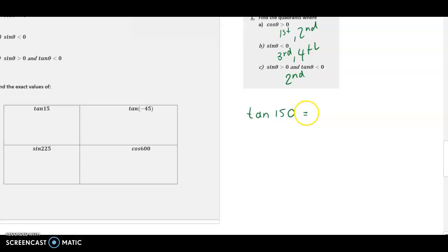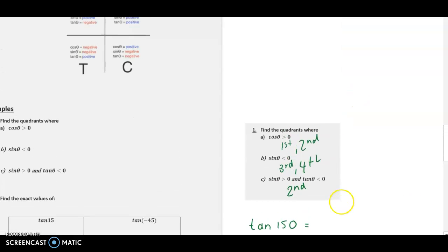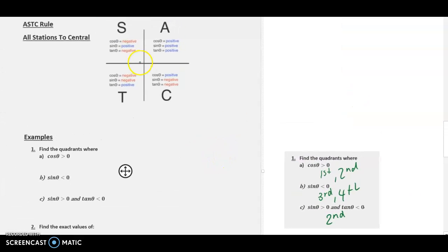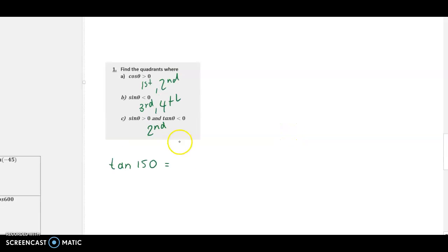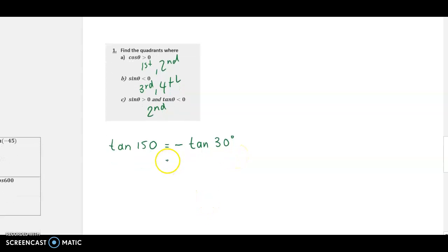So tan of 150 will sit us in, go back over to here, the second quadrant up there. So we're in the second quadrant, tan is negative there. So that would be equal to negative tan of 30 degrees because it's 180 minus 150, which would be 30 degrees. Now we've got special triangles that we can look at for there. So it's going to be minus tan of 30.